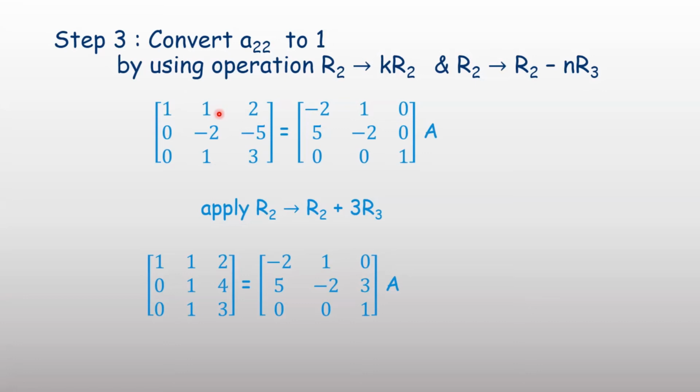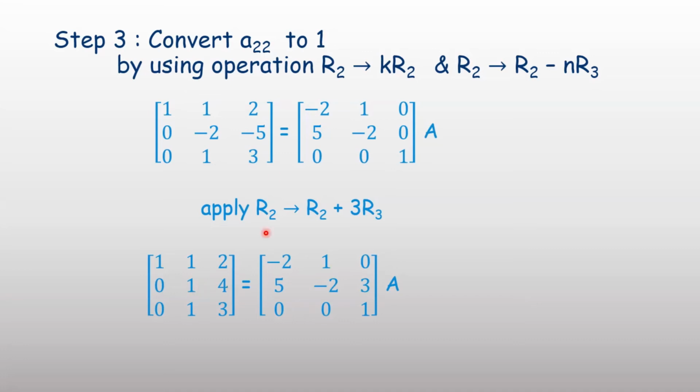Therefore written here R2 replaced by R2, otherwise the second property which you can apply is R2 replaced by R2 plus or minus n R3. So you are getting 1 here. The remaining first row and third row have no change and are written as they are.